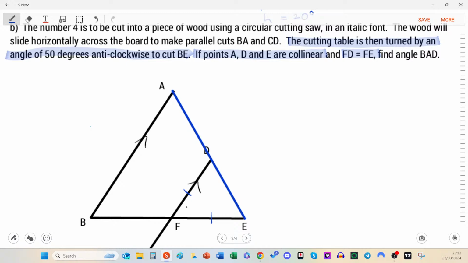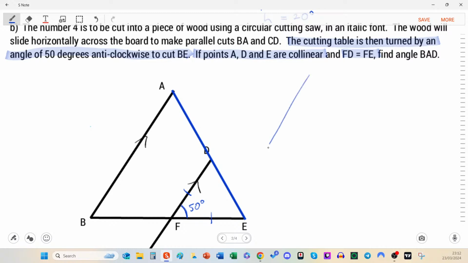Well, it's this, isn't it? That we're going to have turned that there. And so now we've got BE being cut where previously BA was cut. So this is our 50 degrees, and that's our way into this problem. And the fact that this triangle is isosceles.